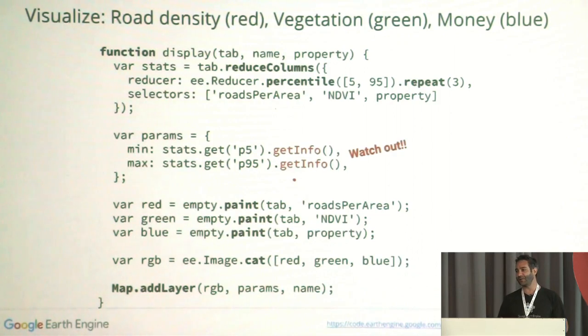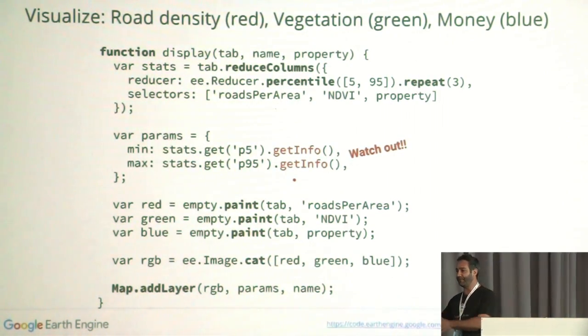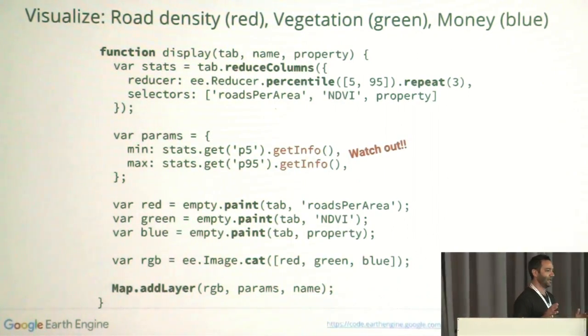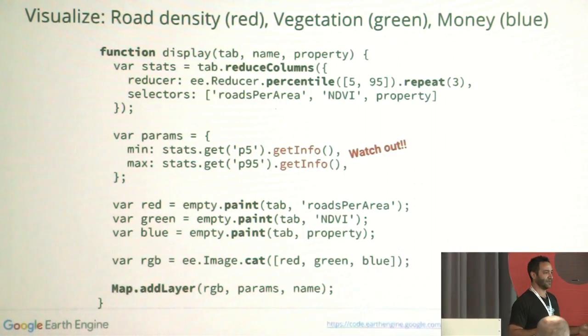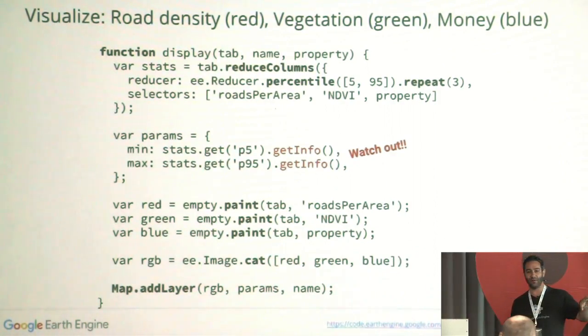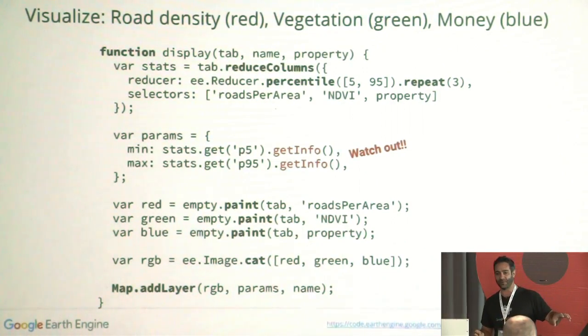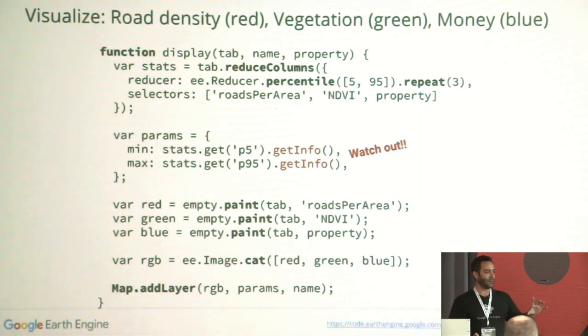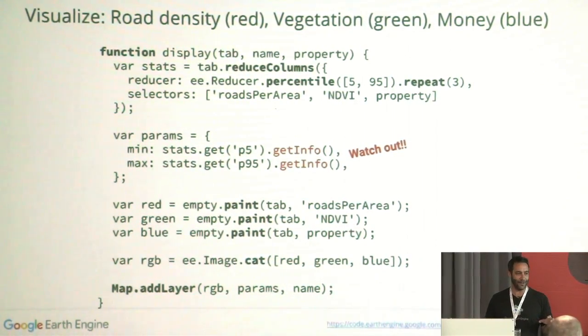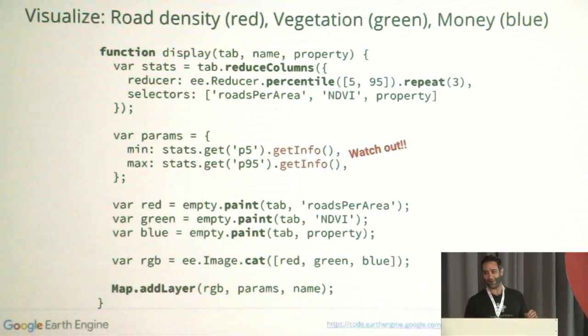Now, visualization parameters are an argument to a client-side function. So you can't use these server-side objects inside those client-side functions. So map.addLayer is a client-side thing. And if you give it a computed object for the visualization parameters, Earth Engine will not be happy about that and will let you know that you've done something wrong.